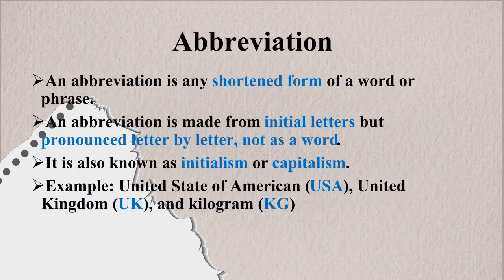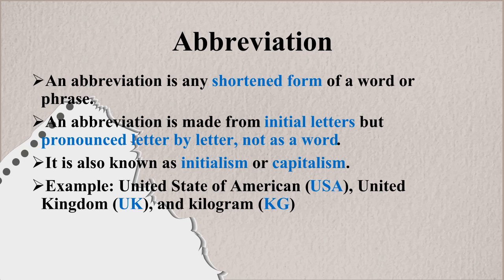Up next is abbreviation. An abbreviation is any shortened form of a word or phrase. Let's look at a more detailed version. An abbreviation is made from initial letters, but pronounced letter by letter, not as a word. It is also known as initialism or capitalism.